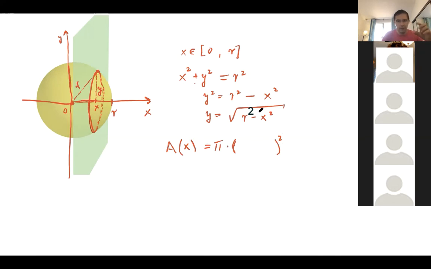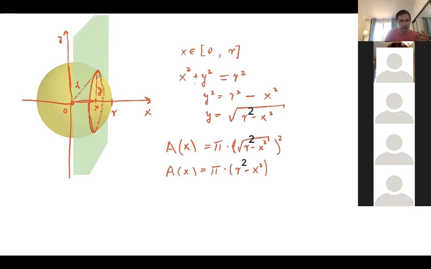It is y, but y is exactly this. We have computed what y is. So this is the radical of r squared minus x squared. So A of x is going to be equal to pi times, this is a radical and you square it, so essentially you get r squared minus x squared. Perfect.